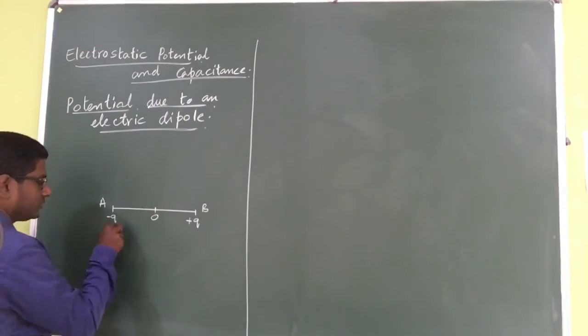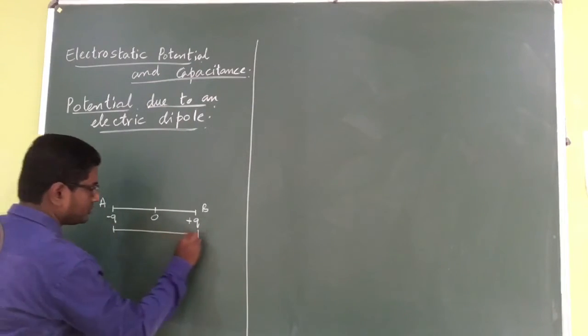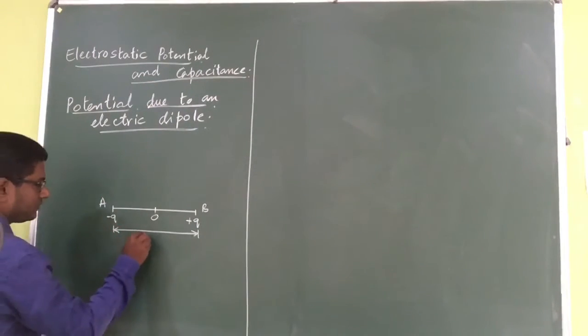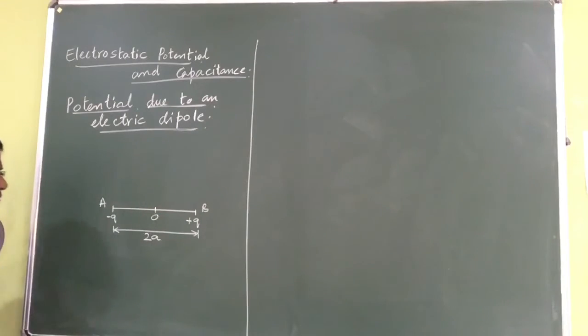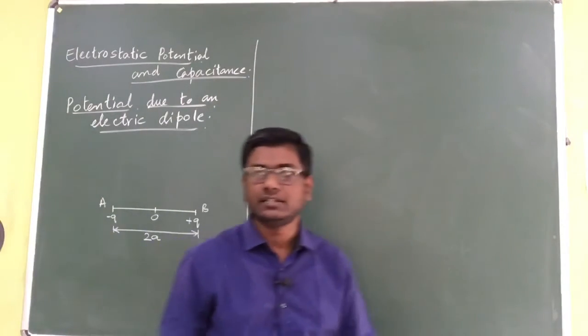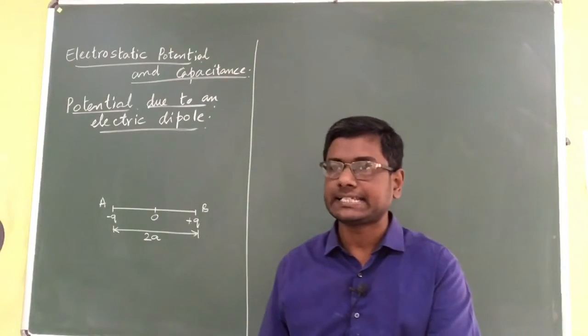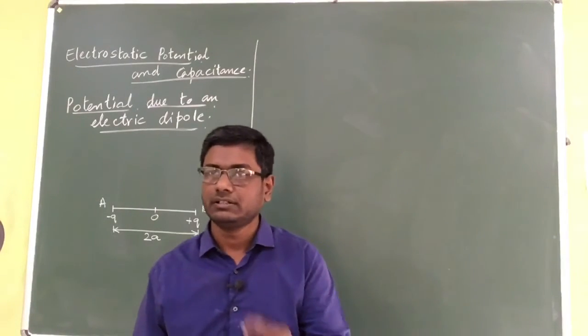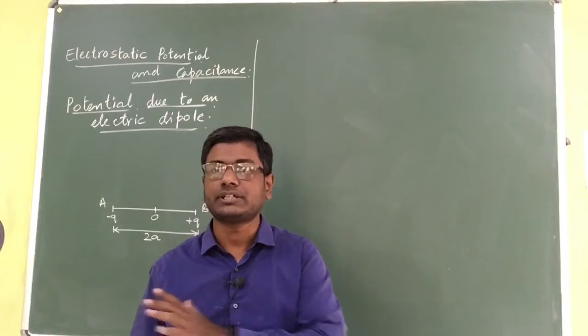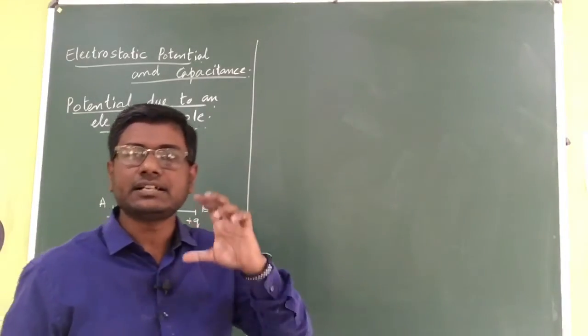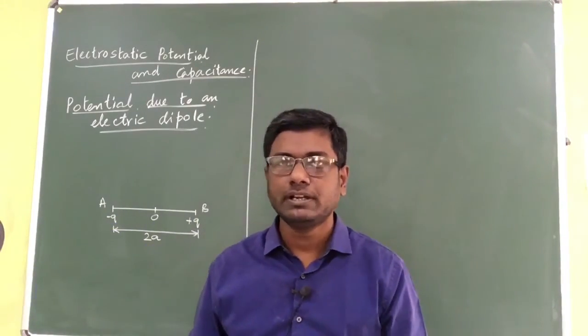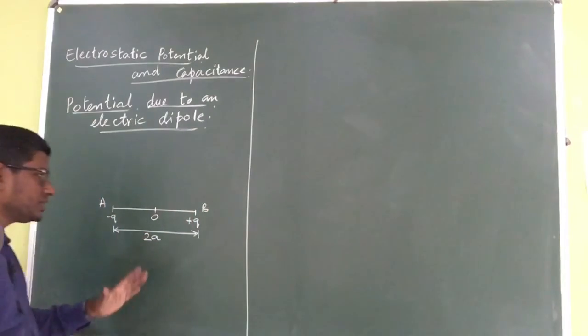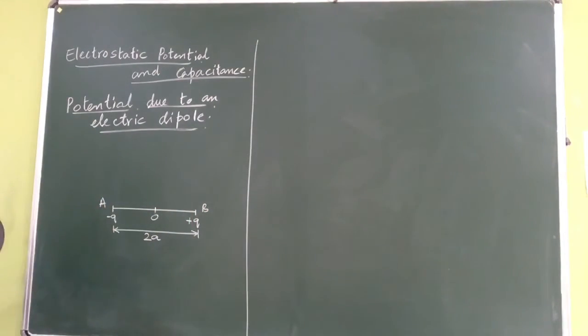Now we know that for the dipole the distance between the two charges is always taken as 2a. Then we want an arbitrary point which is neither on the axis nor on the equatorial plane. So it is a general point at a certain distance from our dipole, not on the axis of the dipole and also not on the equatorial plane.